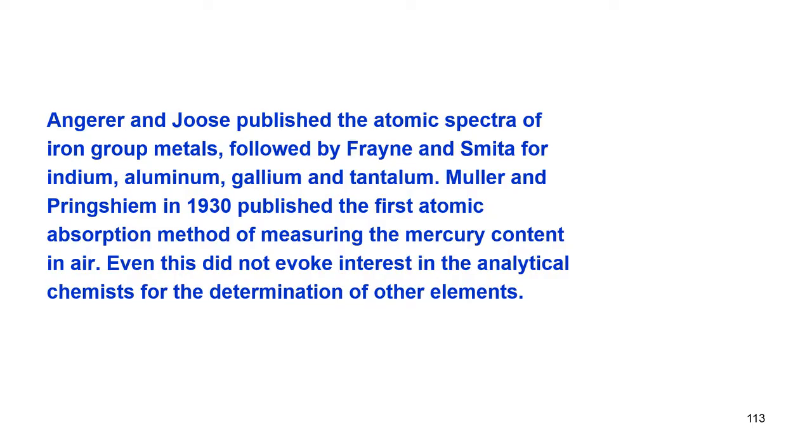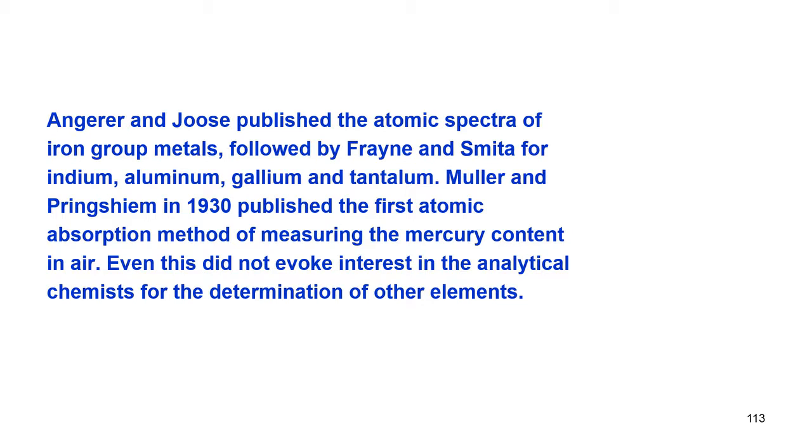So, continuing our discussion, Angerer and Jose published the atomic spectra of the iron group metals, followed by Freyne and Smita for indium, aluminum, gallium and tantalum. Müller and Pringsheim in 1930 published the first atomic absorption method of measuring the mercury content in the air.